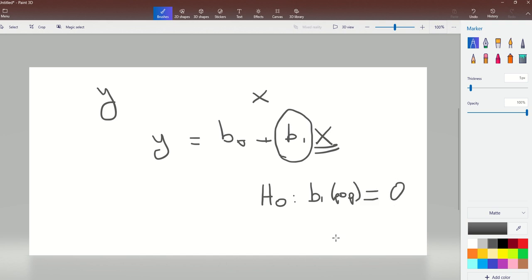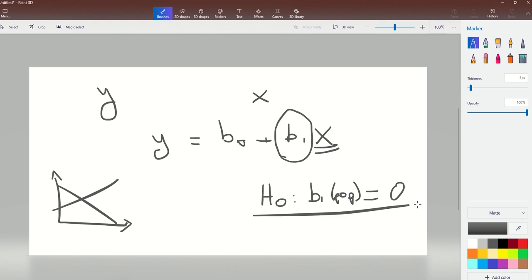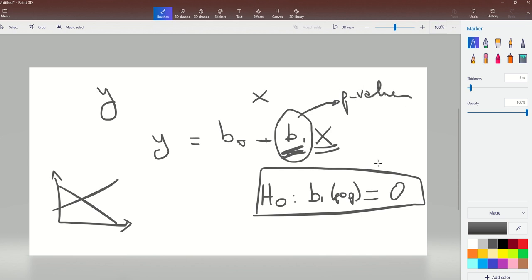Remember, if the slope is equal to 0, it means you do not have a line that goes up or down, so you have a flat line. This is your null hypothesis. SPSS not only will produce your estimated beta 1, but it will also produce a p-value to test if it's statistically significant. We will see all of this in a minute when we run the analysis.